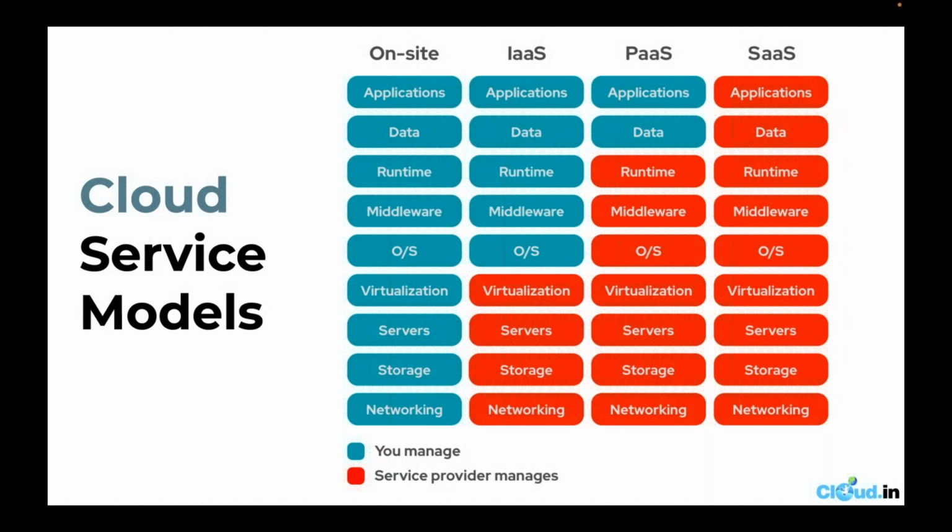So platform as a service removes the need for organizations to actually manage the underlying infrastructure, usually hardware and the operating system, wherein infrastructure as a service, you have to patch and update your operating system and everything. But in platform as a service, all of these things are done by the cloud service provider.